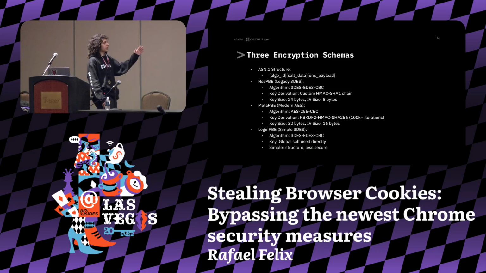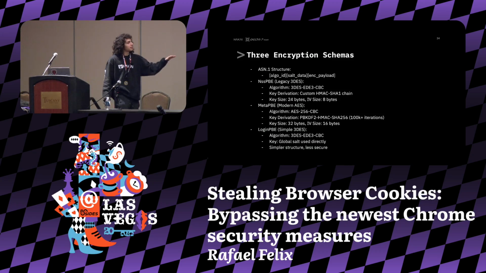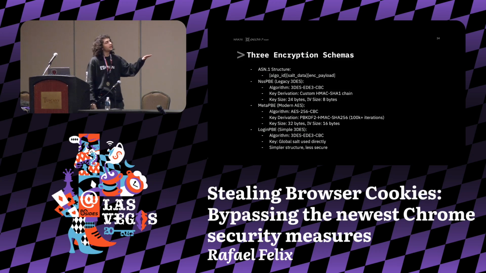So yeah, as I've said, we have 3 encryption schemas. First, actually, we have to parse an ASN.1 structure, which is just another binary format to organize data, especially data relating to encryption and cryptography. So we have 3 encryption schemas.